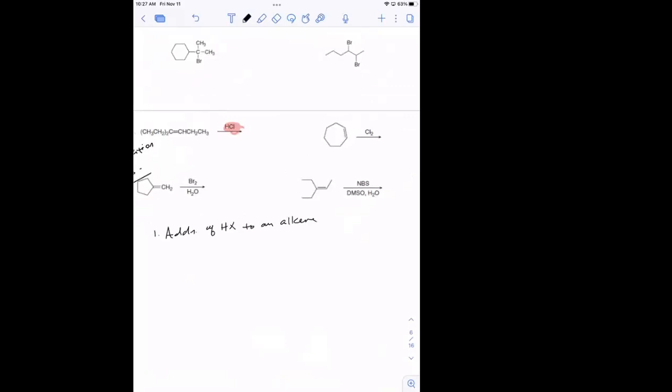HF doesn't work, but it can be any of the other halogens. But normally it's just iodine, bromine, and chlorine because the reactivities of those are well known. And usually when you use that to make an alkyl halide, typically the alkyl halide is used for some other transformation. Maybe some type of coupling reaction or something like that.